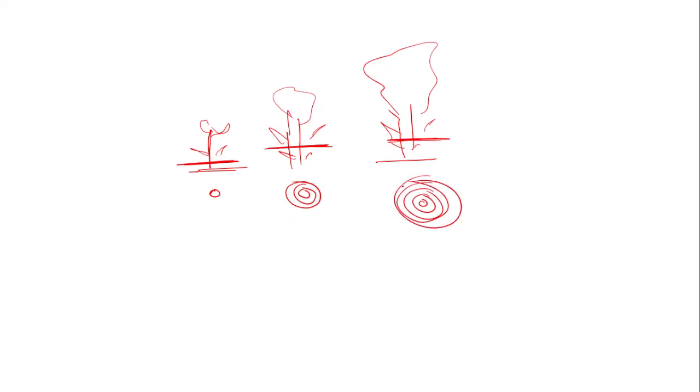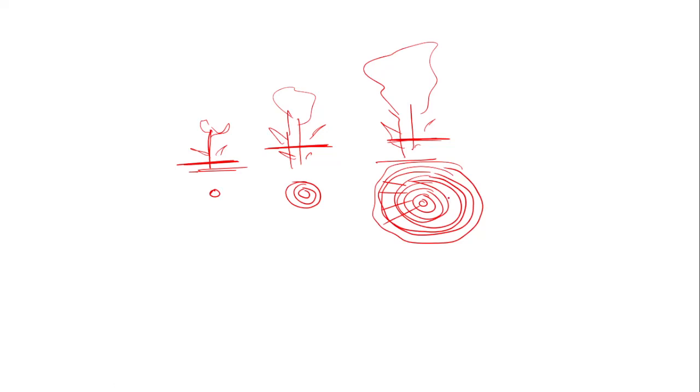These are called tree rings. 1 tree ring, 2 tree ring, 3 tree ring, 4 tree ring, like this. Every year the plant grows, it will add 1 tree ring. There are some exceptions, but this is generally what happens. For example, in ice ages or severe winter, or if there are forest fires, there are exceptions.